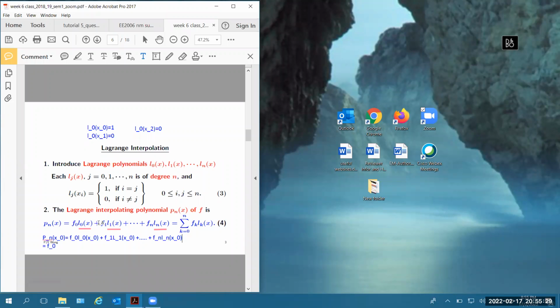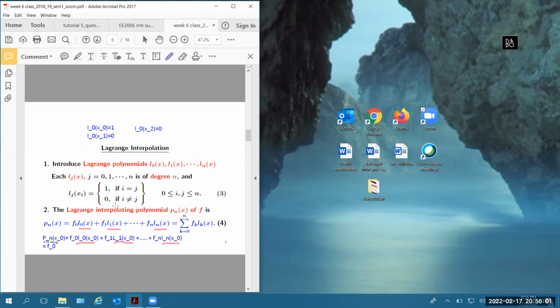If you substitute x0, what do you get? 0. Likewise, your Ln, you substitute x0, it's going to give you 0 also. So all the terms in between are going to give you 0. Only this term will give you 1. Therefore, you will get f0.